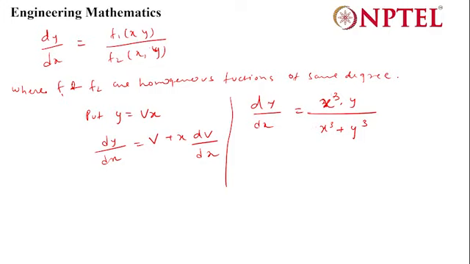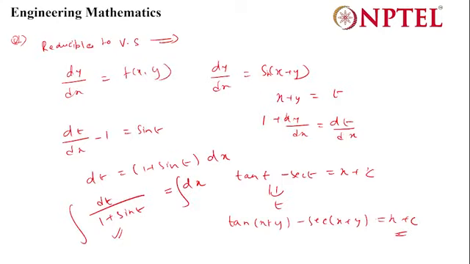Here you can see the degree is 3, and here also the degree is 3. So f1 and f2 are homogeneous functions of the same degree. Now we will put y is equal to vx. Sorry, this comes into the second type only, reducible to variable separable.